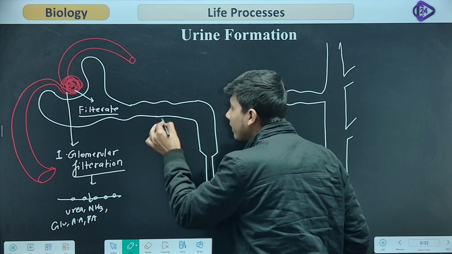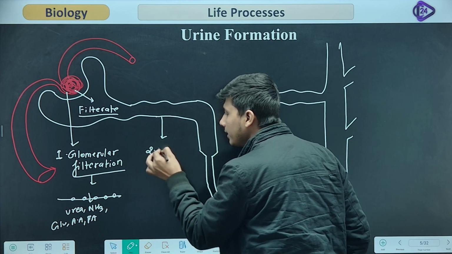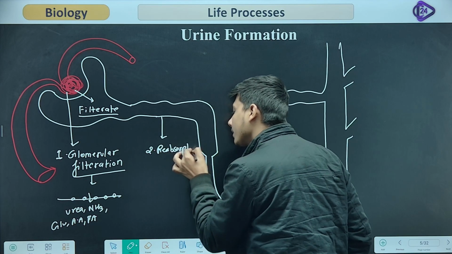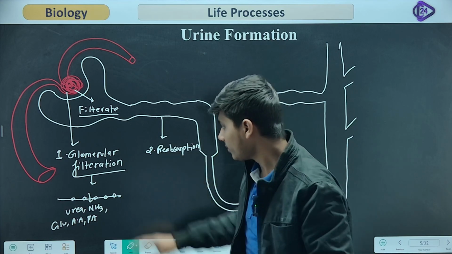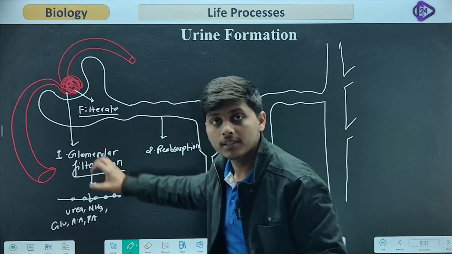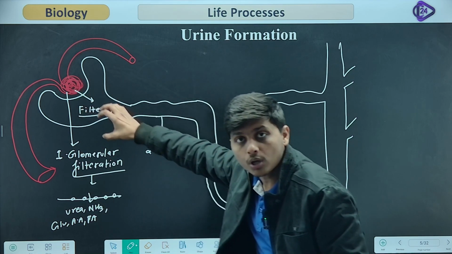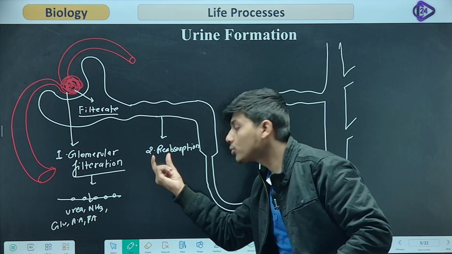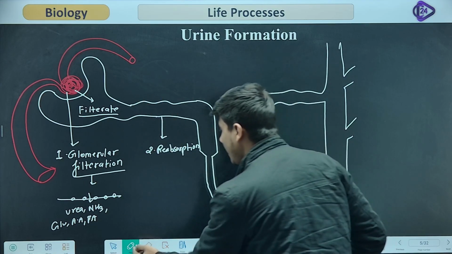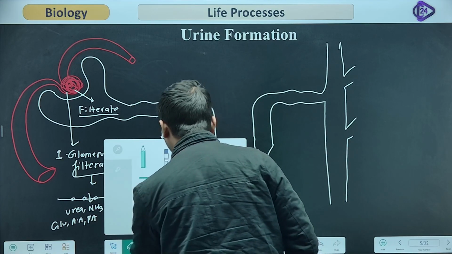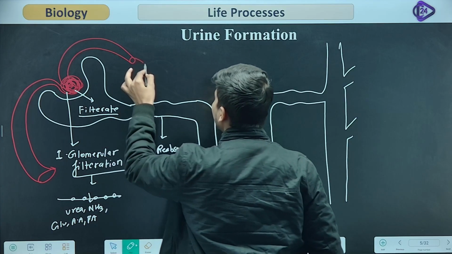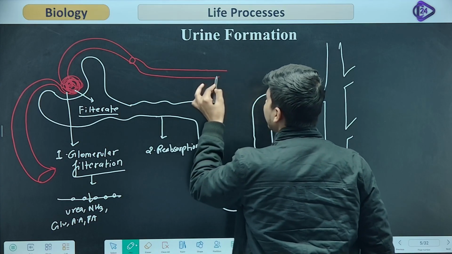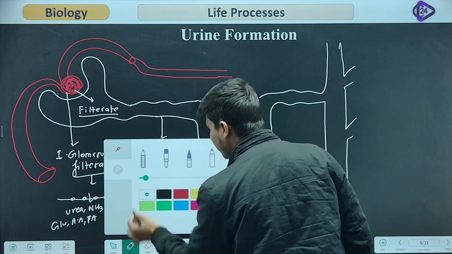So here our second step comes, which is called reabsorption. What is the meaning of reabsorption? The molecules that get filtered into the renal capsule need to be reabsorbed into the blood, because they are important for our body. So these are the peritubular capillaries, I'm making it straight to understand the concept.